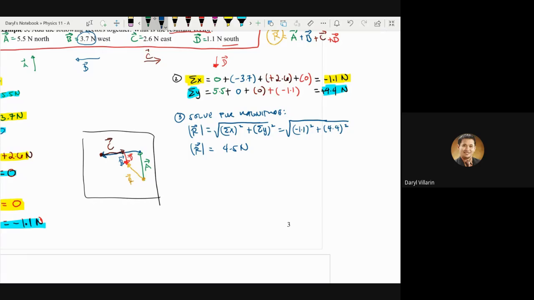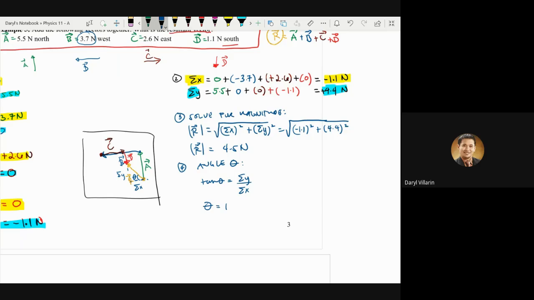So now for the angle theta. Well, you can choose this angle here, or you can also use the angle here. It doesn't matter. If this is my theta, that means I'm looking at my summation of y, and this is my summation of x. So if I'm going to use tangent theta, opposite is summation of y over summation of x.